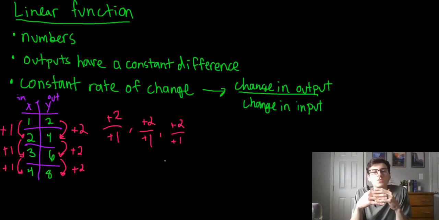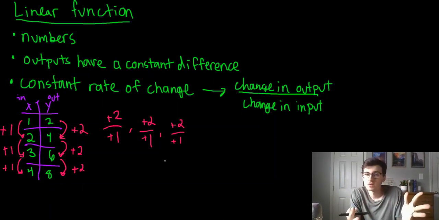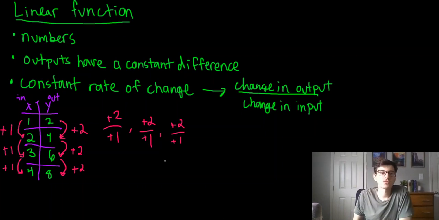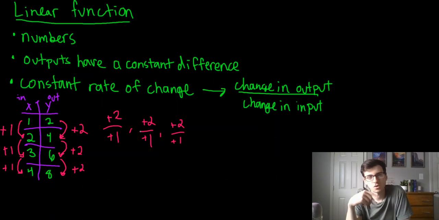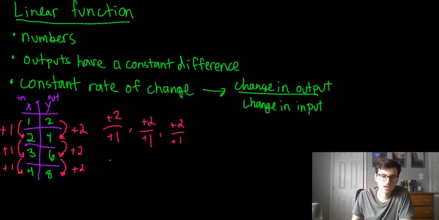Normally, I'd say reduce your fractions. So here, the rate of change is 2 over 1 each time, change in output over change in input. Because that's constant, this is a linear function.